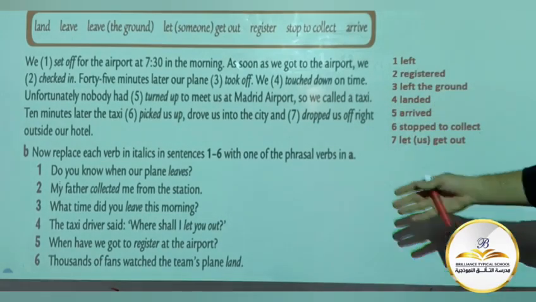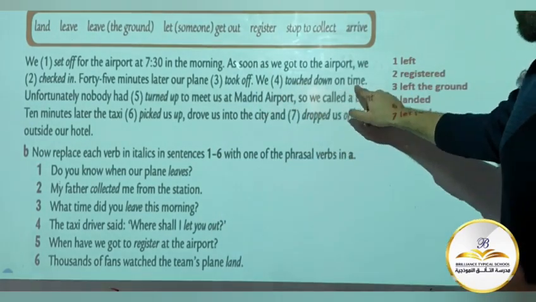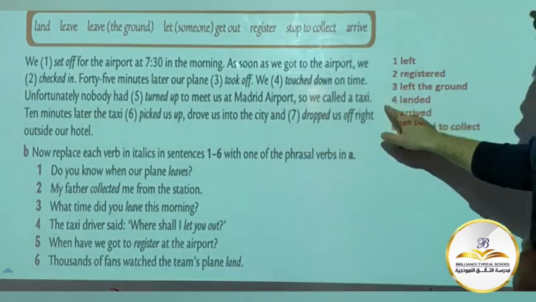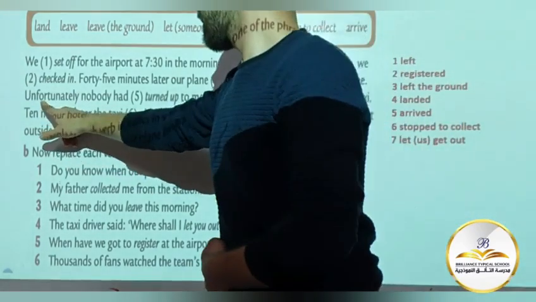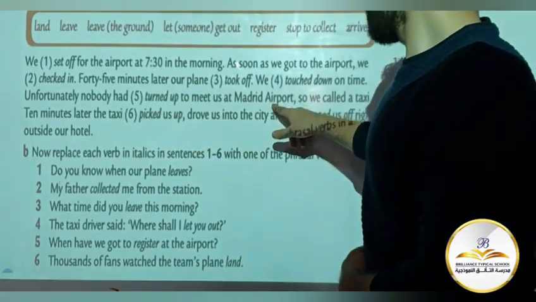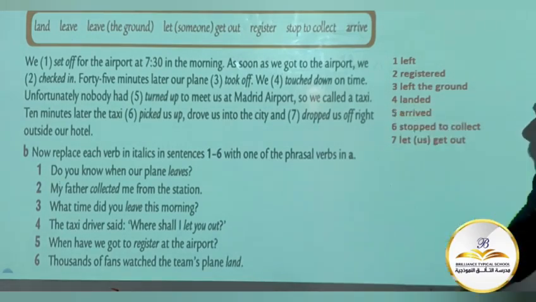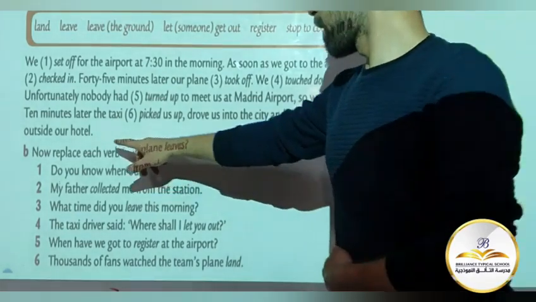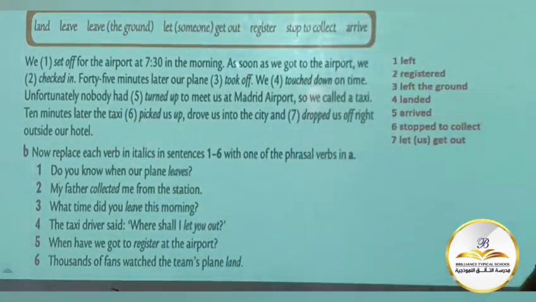So our journey started. We touched down on time. What is the meaning of touchdown? It means landed on time. Unfortunately, nobody had turned up to meet us at Madrid airport. What is the meaning of turn up? It means arrived. So we called a taxi. 10 minutes later, the taxi picked us up.